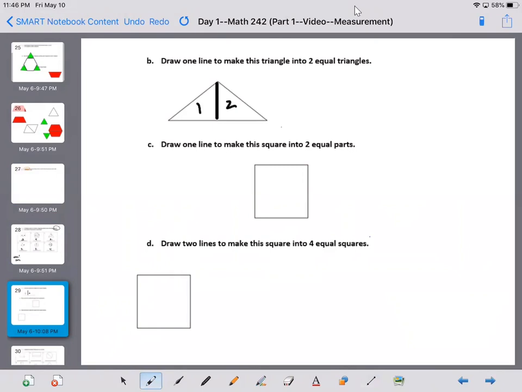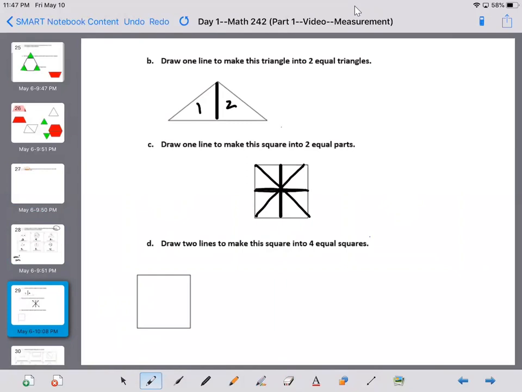Draw one line to make this square into equal parts. Well, you could draw a diagonal, and that would divide it into 2 parts. You could draw it right down the middle. And you could draw another diagonal, or you could draw a horizontal piece right down the middle.